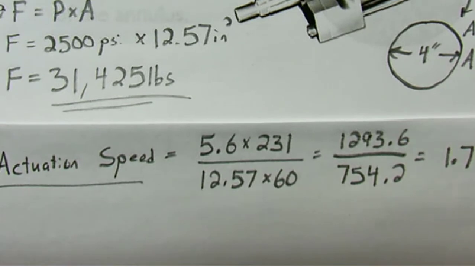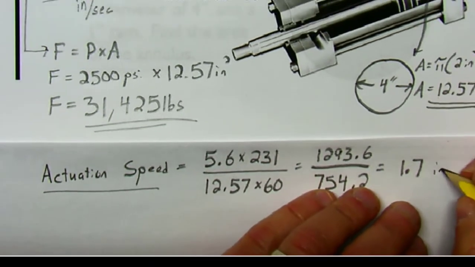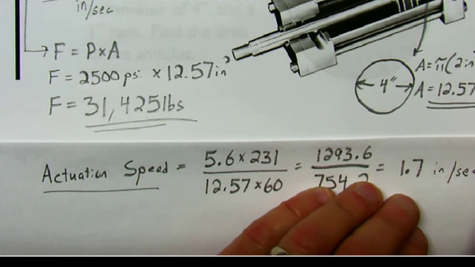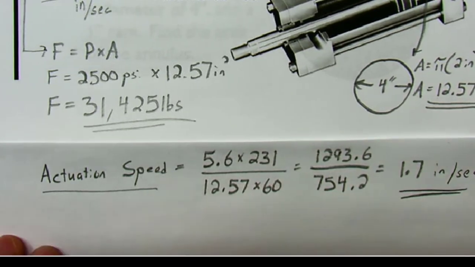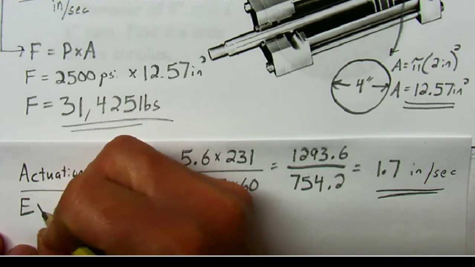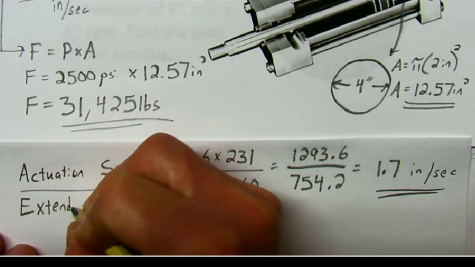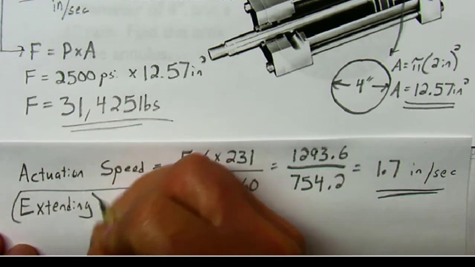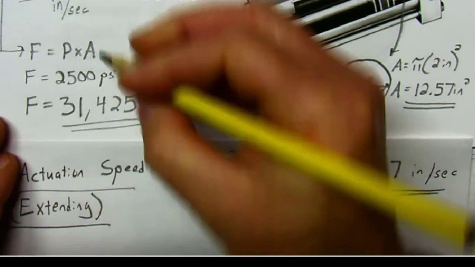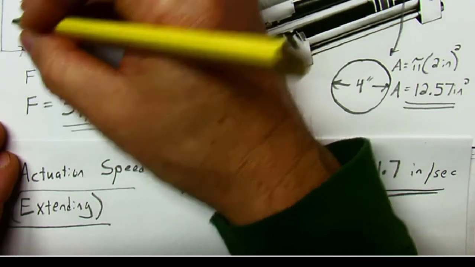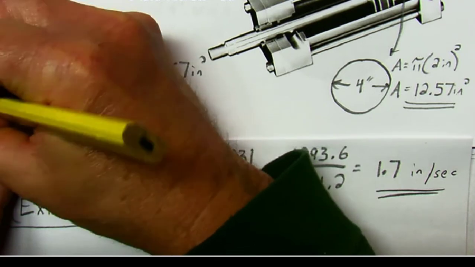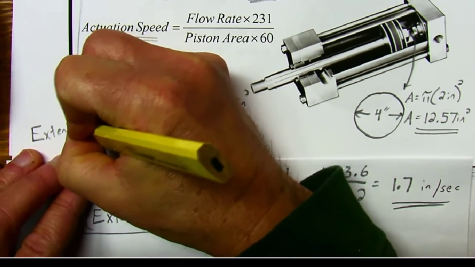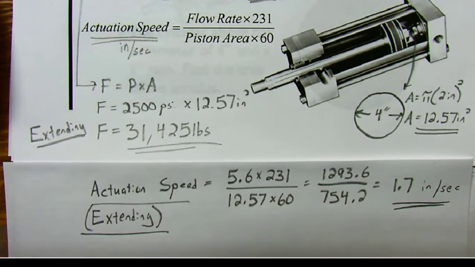Now 1.7 what? Again, that's the speed. That's how fast the cylinder is going to move, and that is 1.7 inches per second. I want to note that that is the extending speed, and our force up here was the extending force. Okay, so we've answered those two questions.